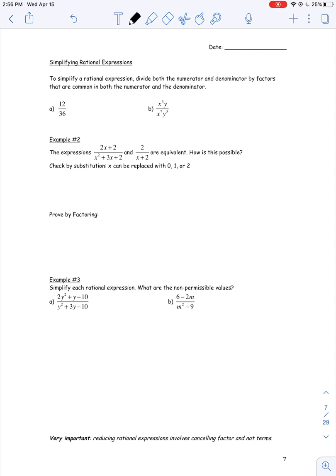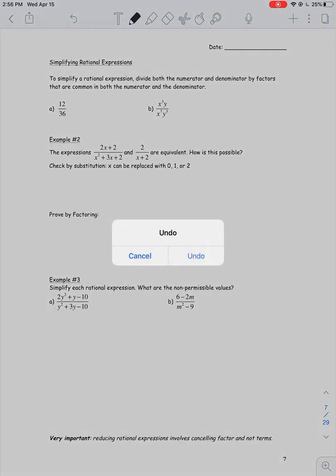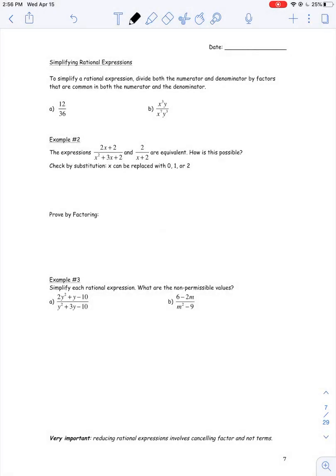So what we want to do is break up the number as much as we can. So we want to break up 12 and 36.